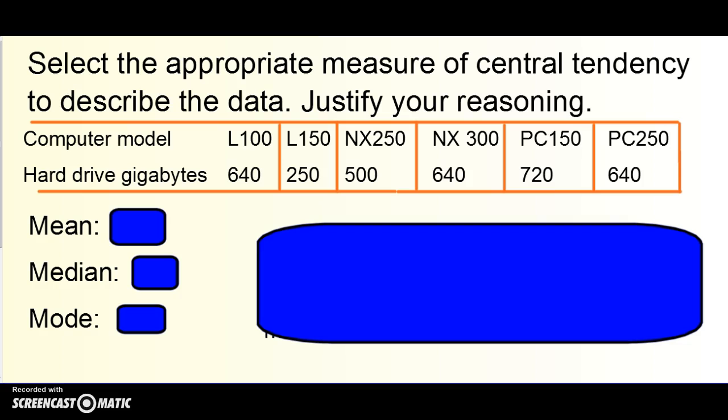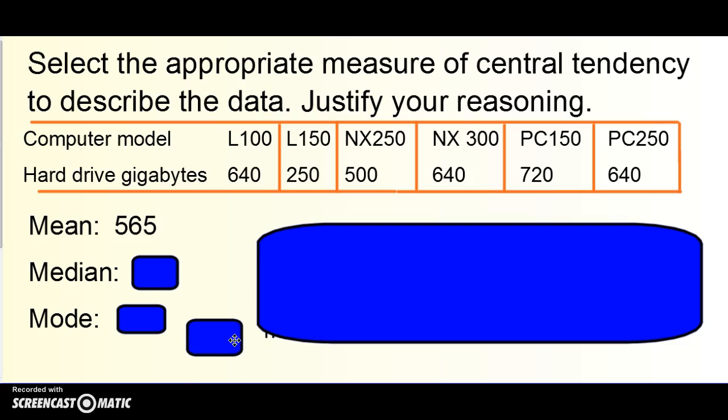All right, well, sometimes you'll be asked to pick which measure of tendency is the most accurate. Which one describes the data most accurately? So here we have computer models and how many gigabytes each model holds. And I did the figuring out together for you.